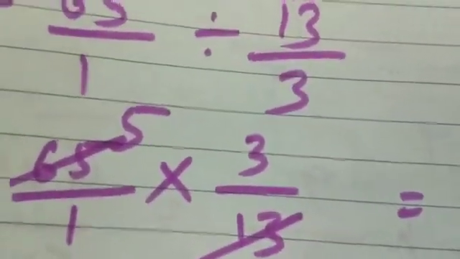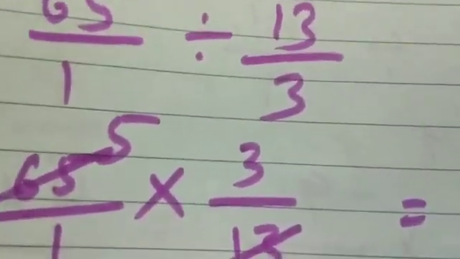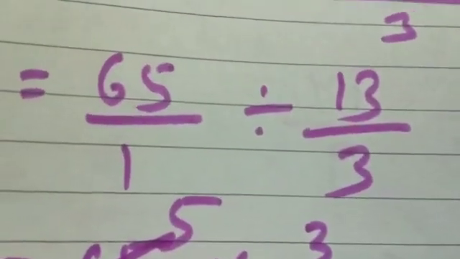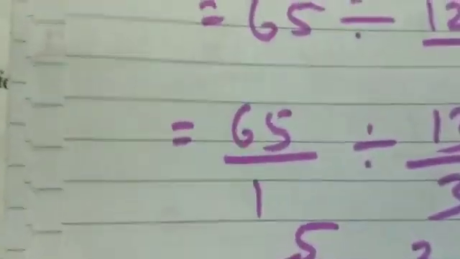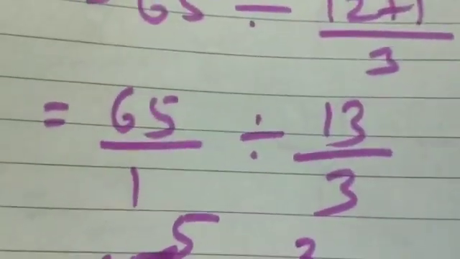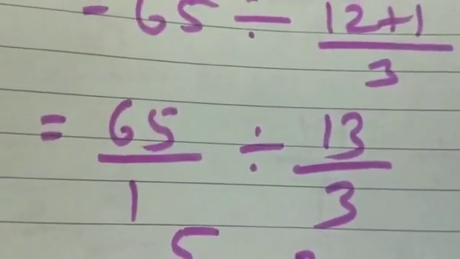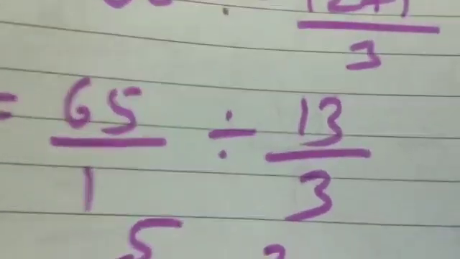So 65 will be multiplied by 3/13. Before multiplying, we need to introduce a denominator to 65 because 65 is a whole number. So according to the rules, we'll introduce the denominator. One more line we have to write in between: 65/1 divided by 13/3. Then we'll write the reciprocal of 13/3, that is 3/13, and multiply.